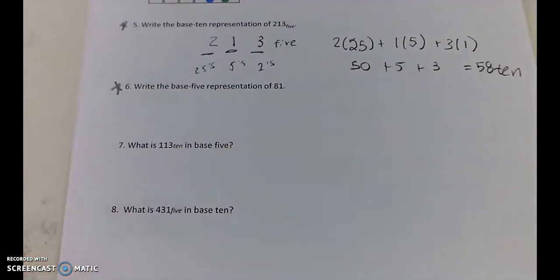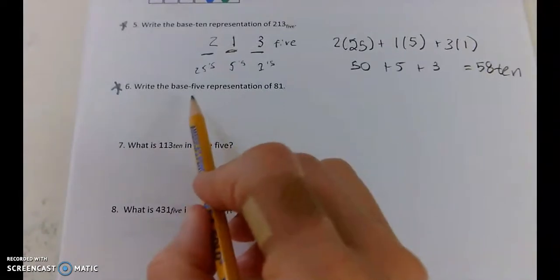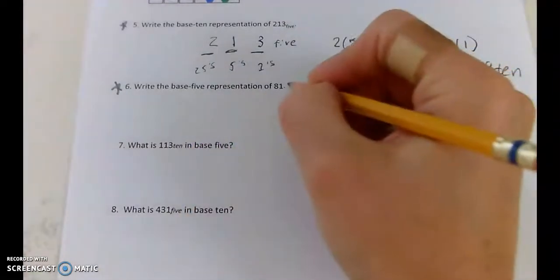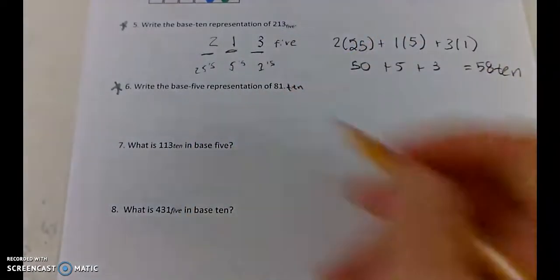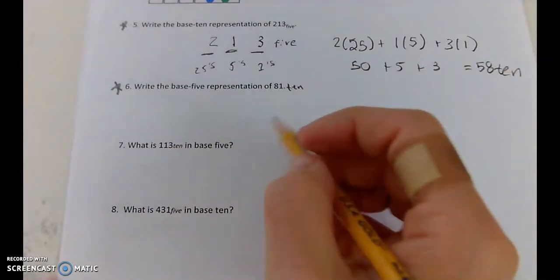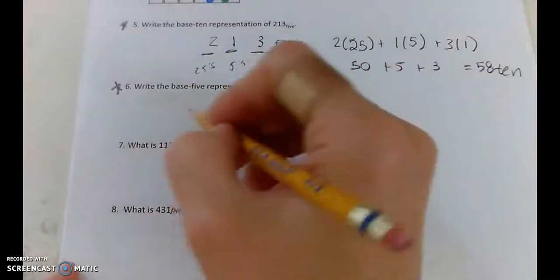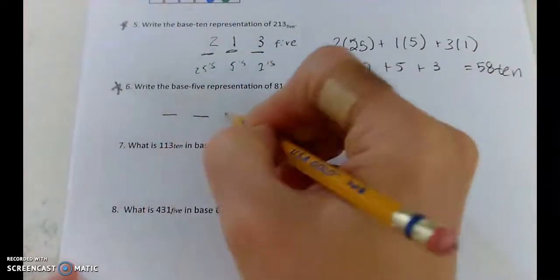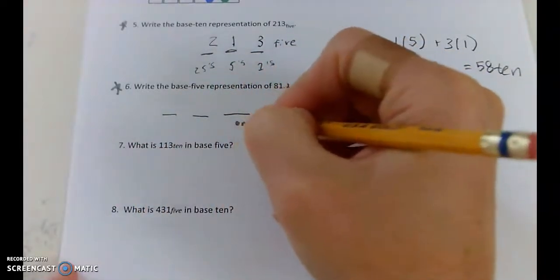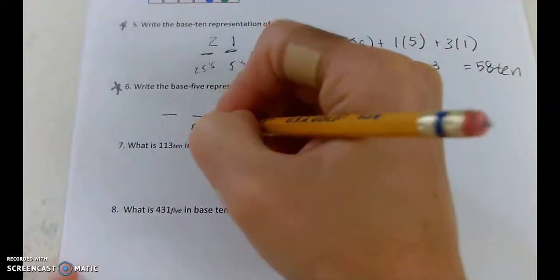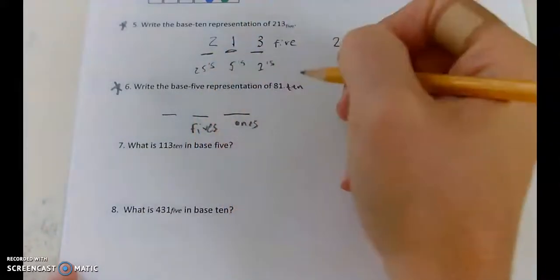Okay. Let's go the other way this time. So now I'm going to try to go from 81 in base 10 to base 5. Well, how would I do that? I'm asking myself, okay, I've got these place values, right? Remember, I've got my 1s, my 5s, and then my 25s.